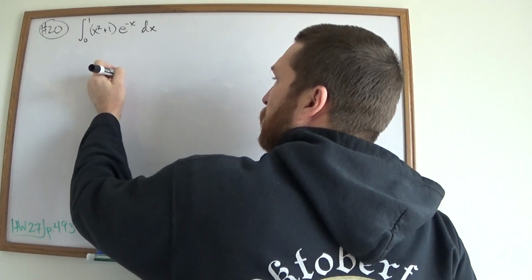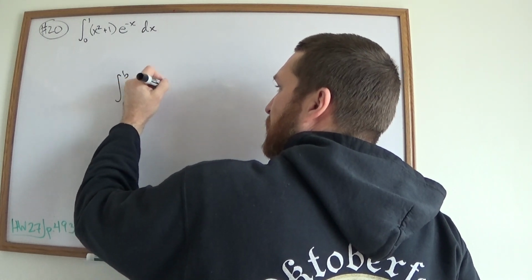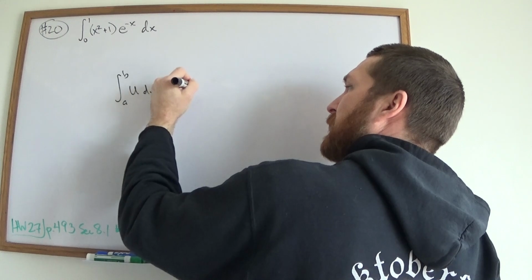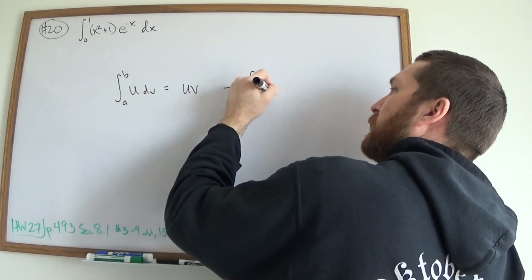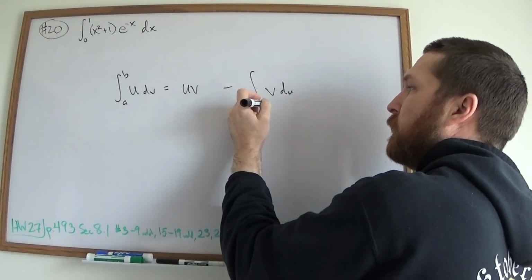Now, it's true that if you have a definite integral from, say, a to b of u dv, it is the same thing as uv minus integral v du, where you evaluate them at the same endpoints, right?